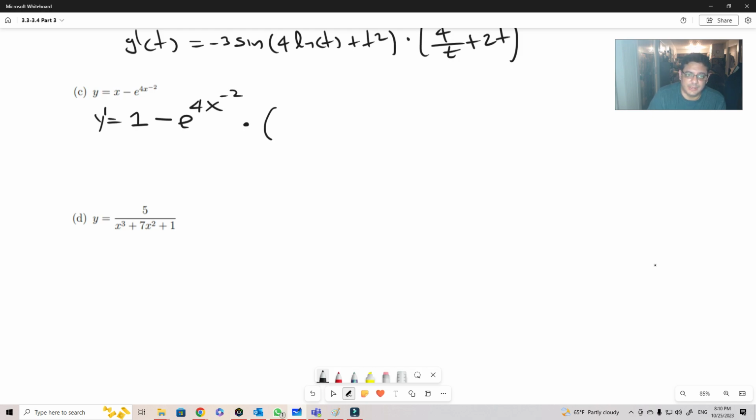So the derivative of that will be, I put down the minus 2, so minus 8, and then x to the minus 2 minus 1, so minus 3. And so that will be the derivative. I can simplify this a little bit. Minus and minus is plus. So this can be 1 plus 8x to the minus 3 e to the 4x to the minus 2.